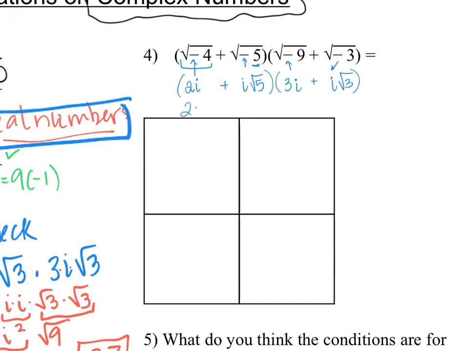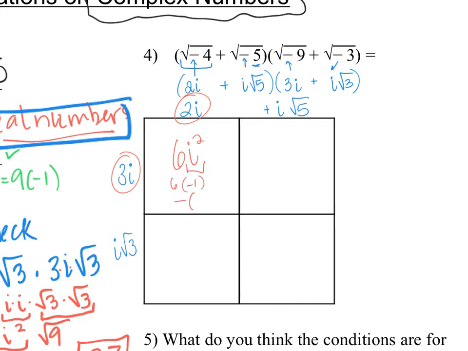So we're multiplying 2i and a positive i radical 5 times 3i times i radical 3. And so when we multiply 3i times 2i, that's going to make 6i squared. But remember that i squared is negative 1, so we have 6 times negative 1, so we'll get negative 6 here.